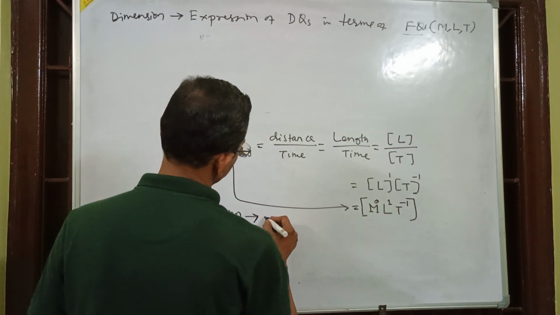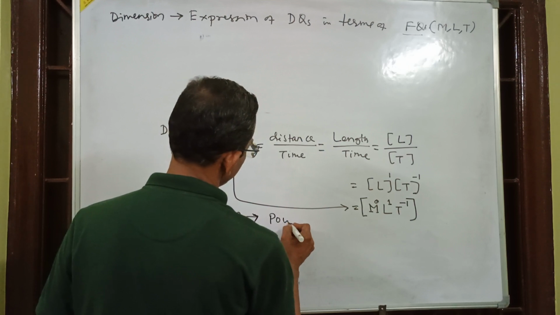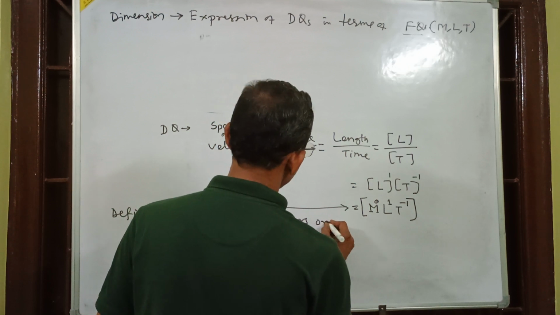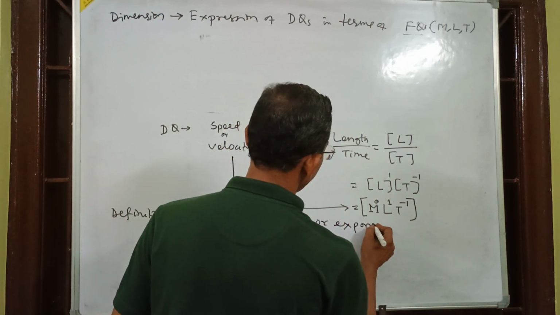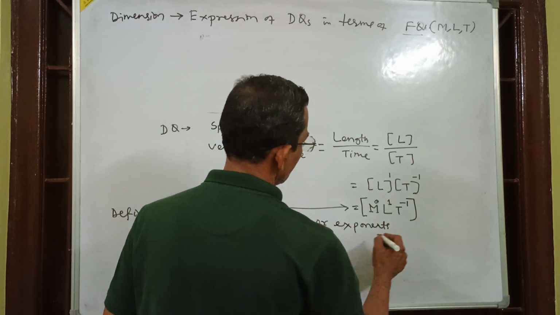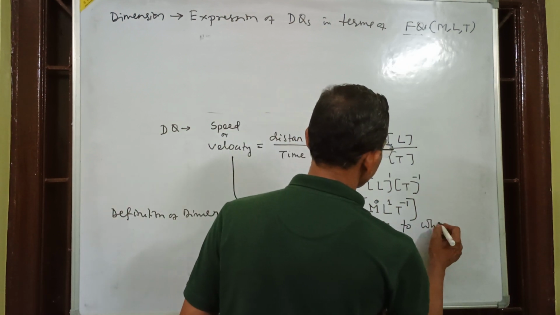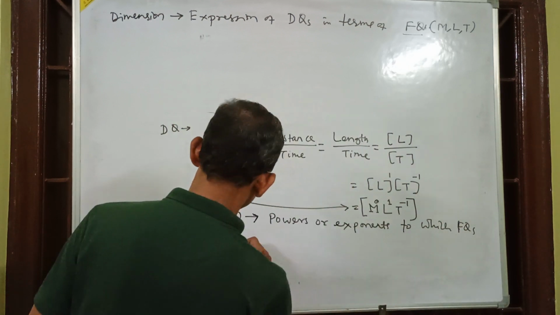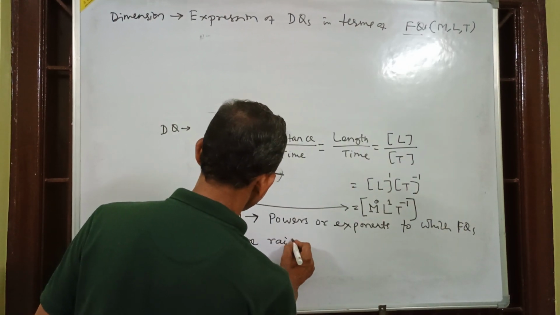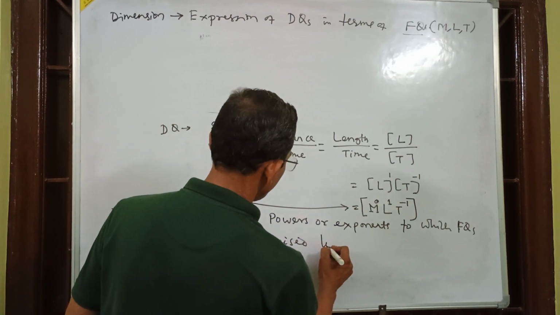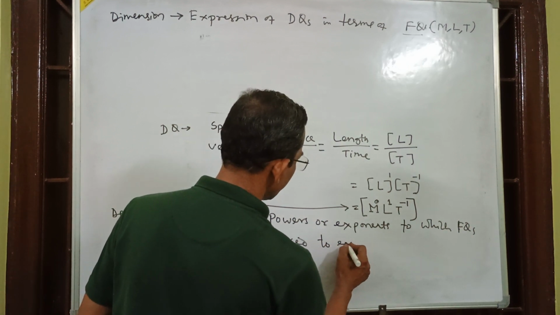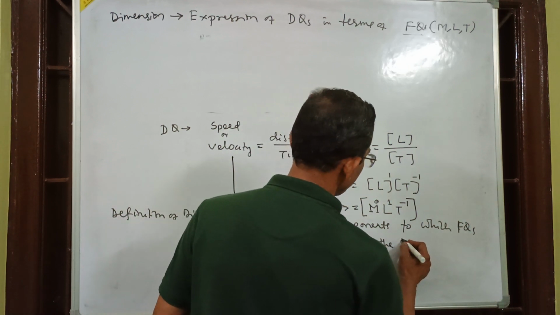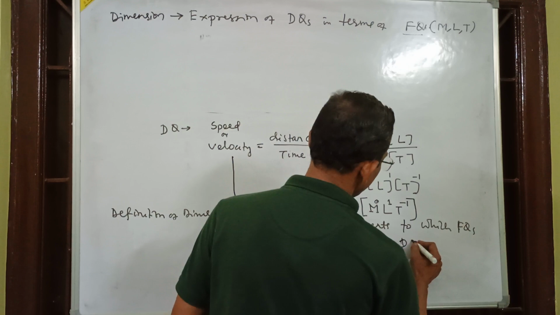Dimension says these are the powers or exponents to which fundamental quantities are raised to express the derived physical quantity.